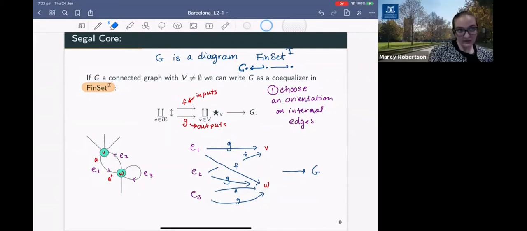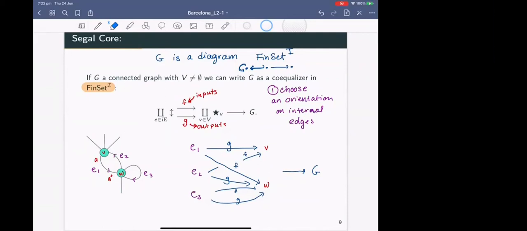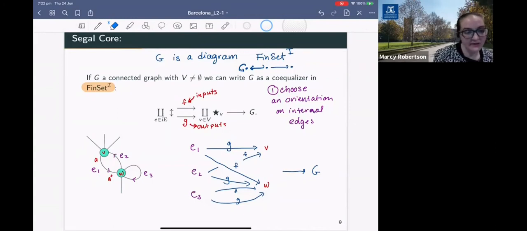When you work with directed graphs, you have no choice. Is this difference important? It is not so important for this, but you're right that in the directed graphs you have zero choice.